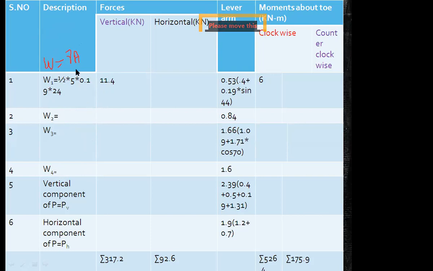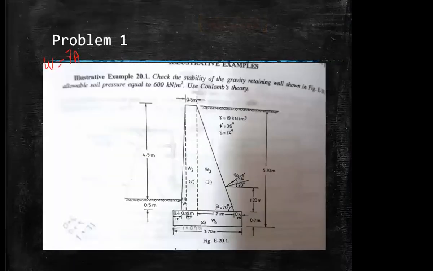So gamma into A. If you see the first part, what is the geometry or what is the shape of this first part?